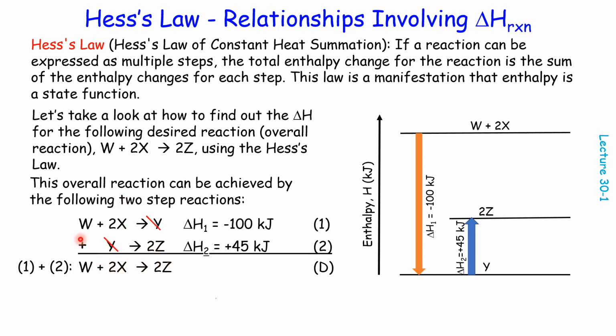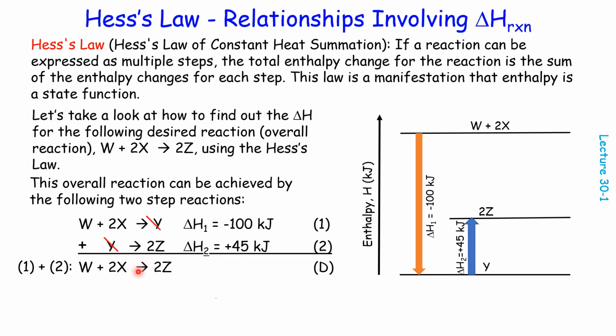The practical way to do this is you start with reaction 1, with everything on the left-hand side, W plus 2X, then plus Y. But after the reaction, you have another Y there, so those two Y's are cancelled.